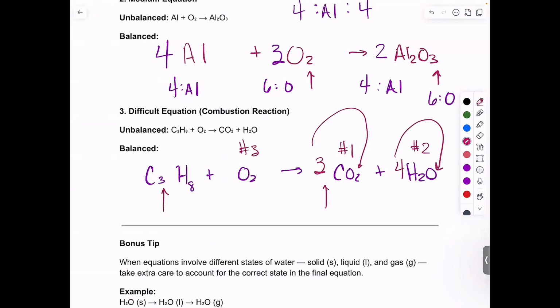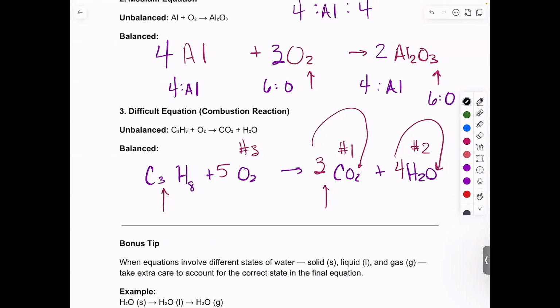So 6 and 4, that's 10. So I need 10 oxygens on the left. I can balance that by just adding a 5 over here. So again, for balancing combustion reactions, match your carbons first, match your hydrogens second, and then last go for your oxygens.